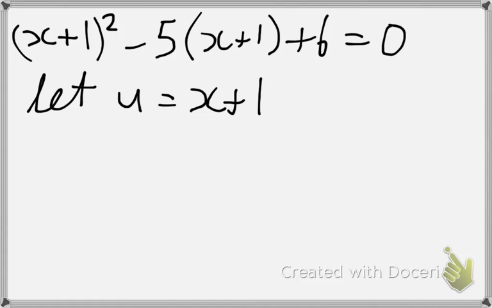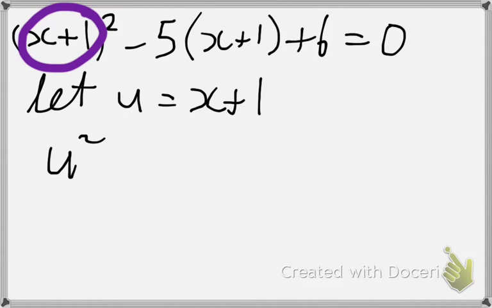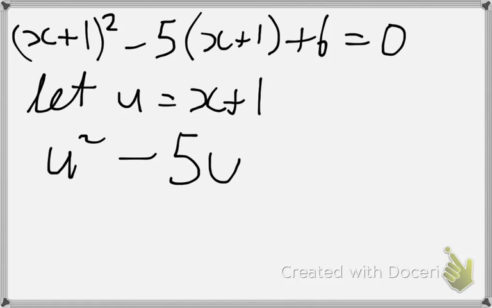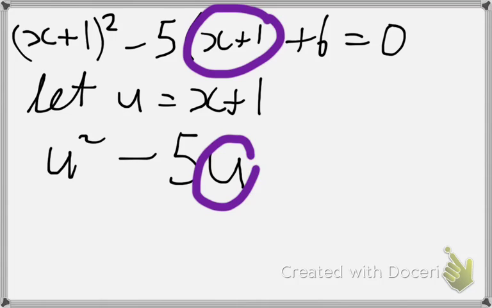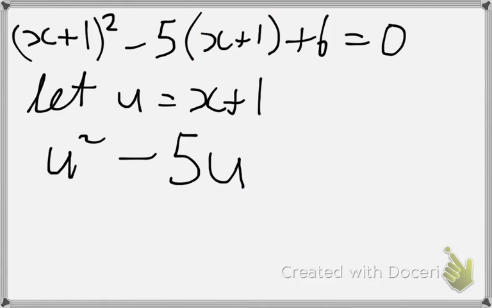The equation then becomes u squared, because I've replaced the x plus 1 with u, minus 5u, once again replacing the x plus 1 with u, plus 6 equals 0.